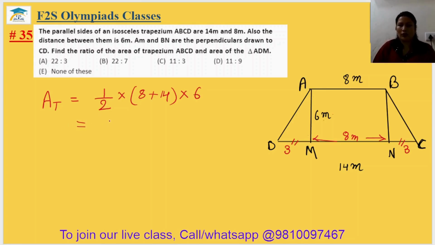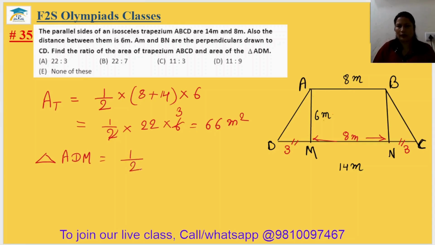So after solving, 1 by 2 multiplied by 22 multiplied by 6, so 2 3s are 6, 22 3s are 66 meter square. And area of triangle ADM will be half into base into height, so 2 3s are 6. That is 9 meter square.